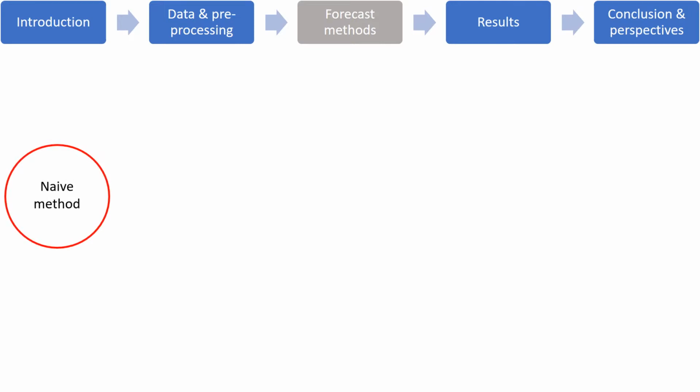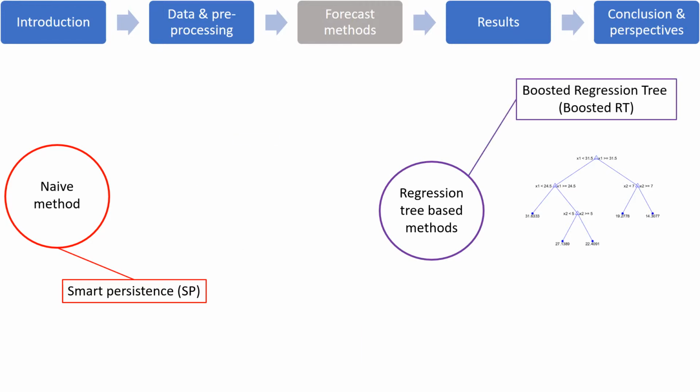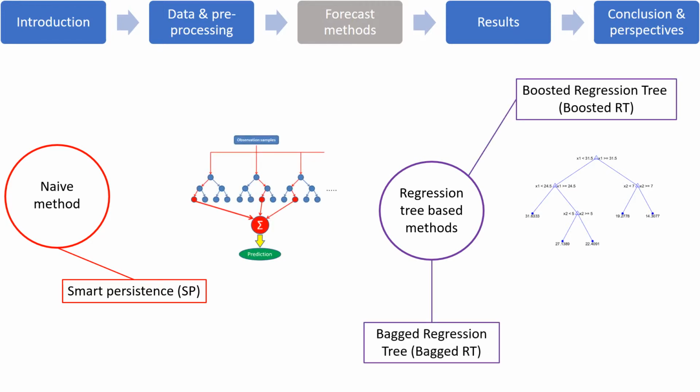First, the naive method. The smart persistence is simply a persistence improved by the utilization of the knowledge model, the SOLIS model. And then the regression tree based methods: the boosted regression tree, the bagged regression tree, and the random forest. These three methods are the aggregated models.